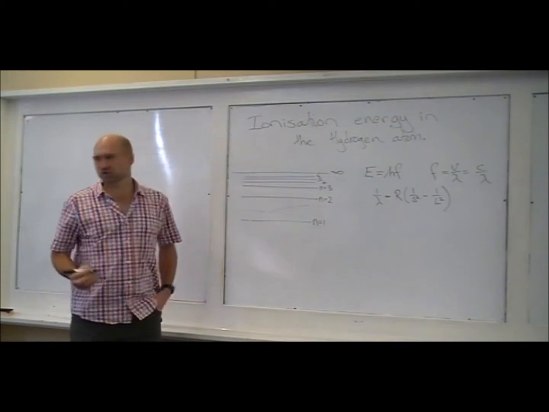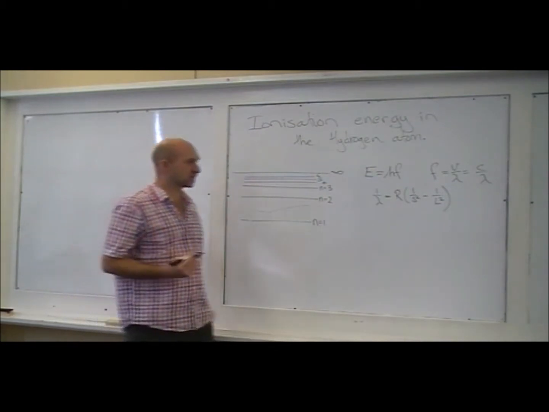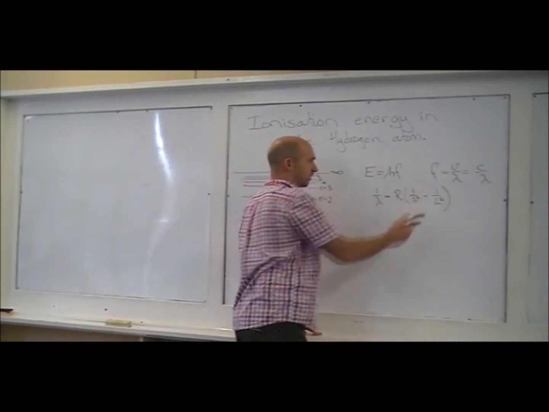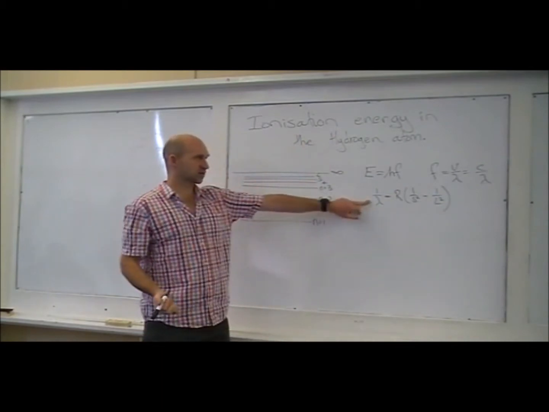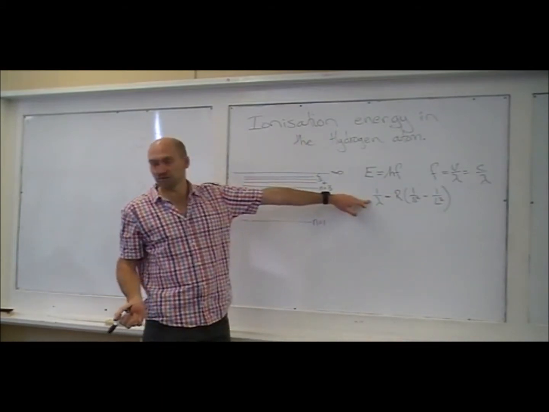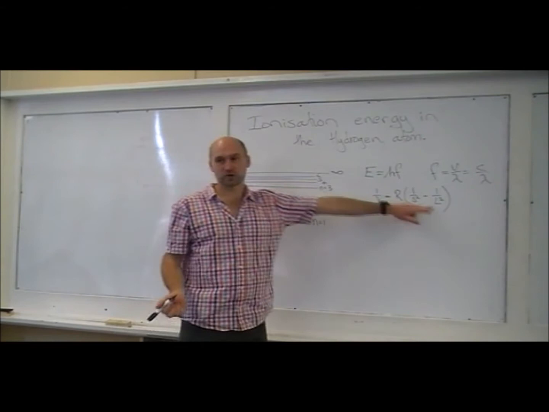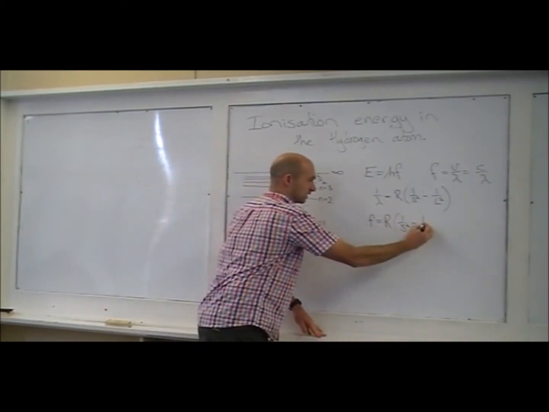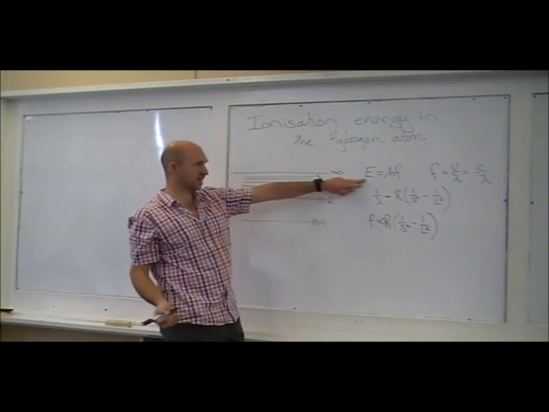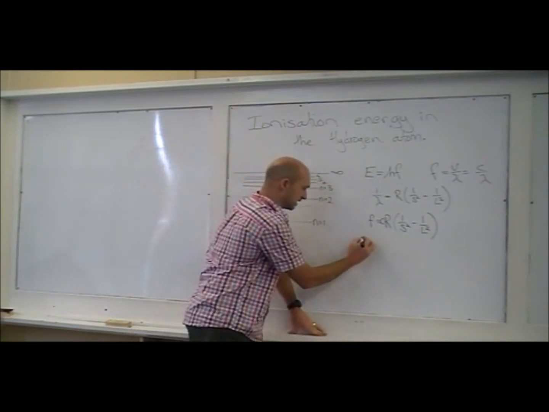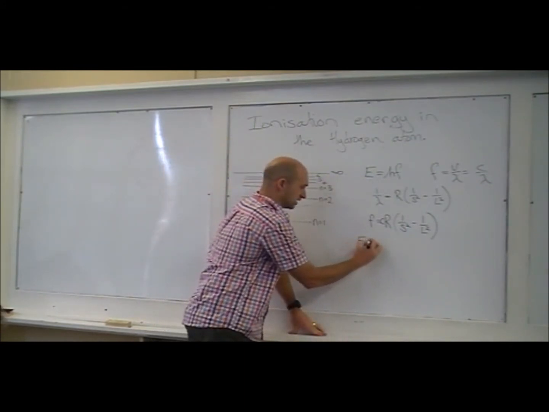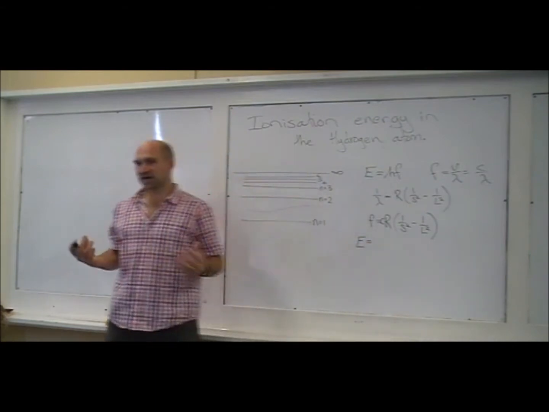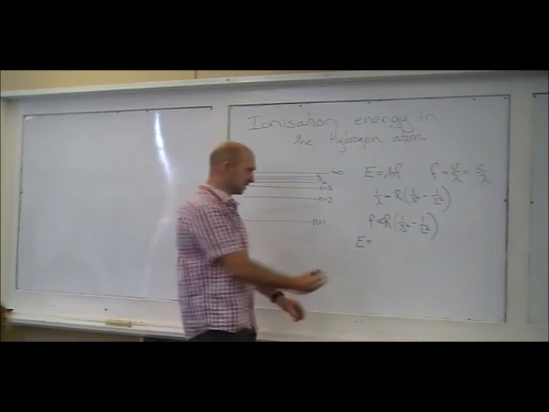So what we can do is combine these equations together. We can rewrite frequency using this equation. Instead of writing c over lambda, we can have cR(1 over S squared minus 1 over L squared), and then we can plug that into energy and say that the energy difference between any two energy levels.